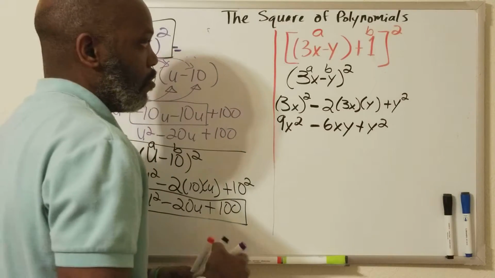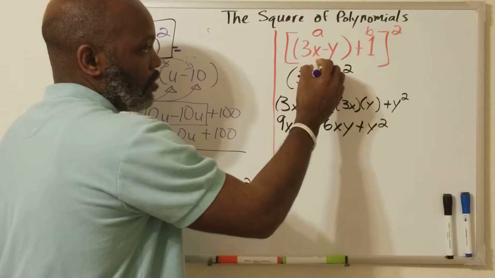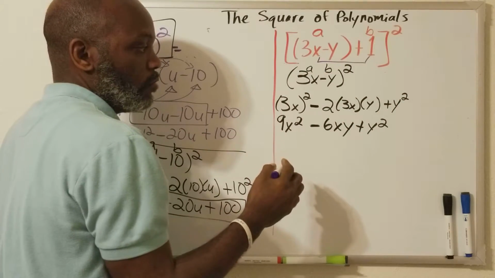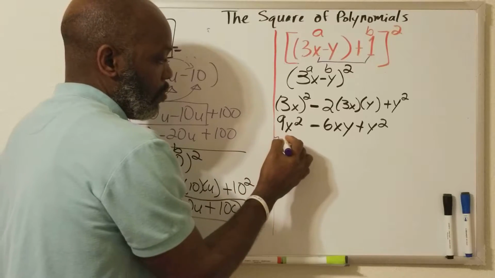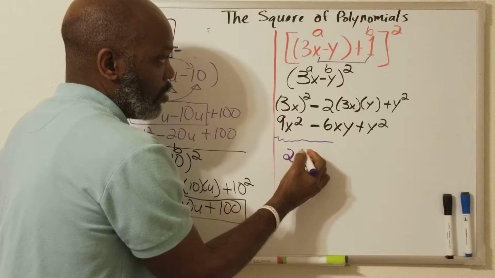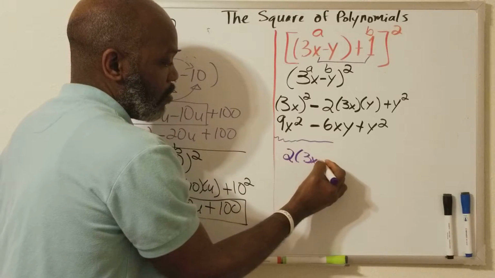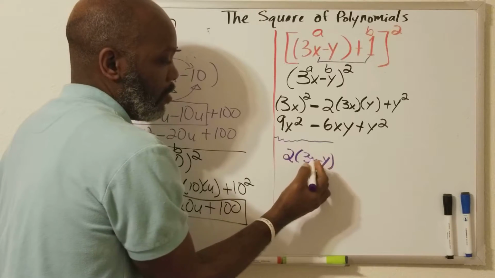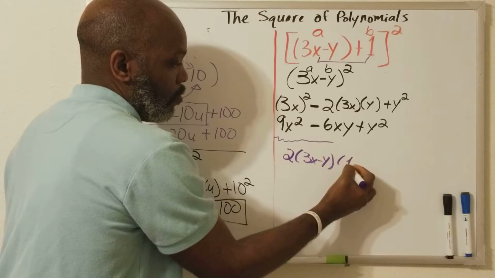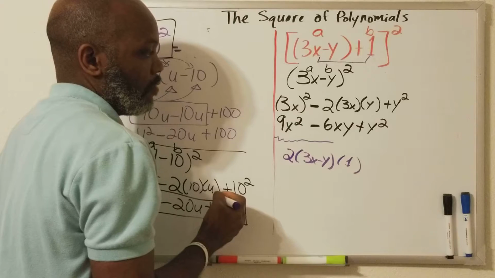So the second part that we're going to look at is that we are going to take A and B and multiply by 2. So what that looks like is that we're going to have 2 times 3x minus y, right? Because we're doing 3x minus y times 1, okay?